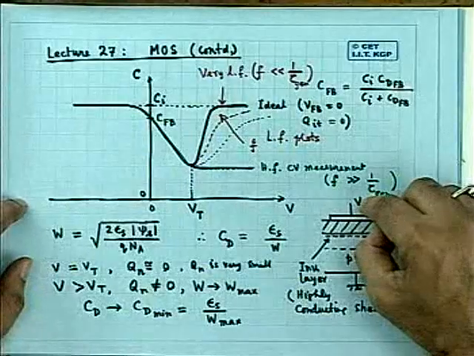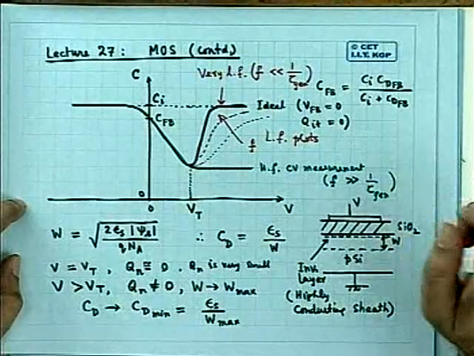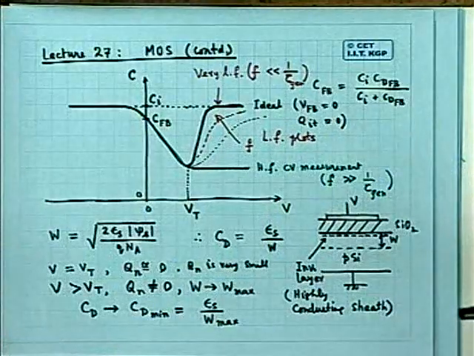And the voltage V is now more than Vt, maybe 3 Vt, but in the form of a pulse, or in the form of a very high speed ramp. Then what is going to happen? This inversion layer formation takes some time. That is guided by this generation time, which I have already discussed.